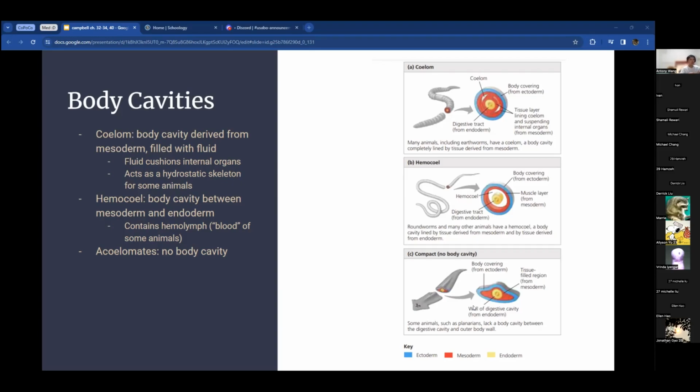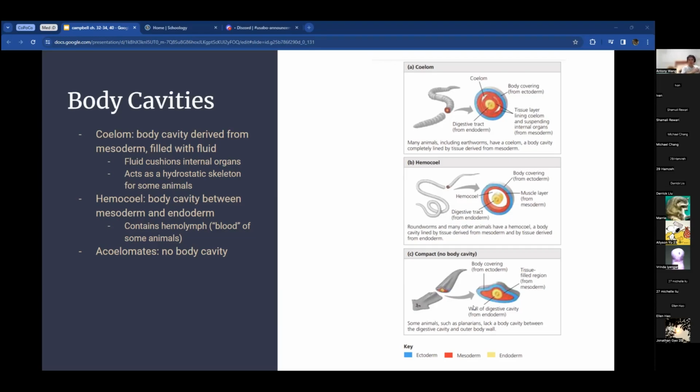Some animals, like insects, have what is known as hemolymph, and in their case, blood and interstitial fluid mix. There's no differentiation between them. They mix into one thing known as hemolymph.